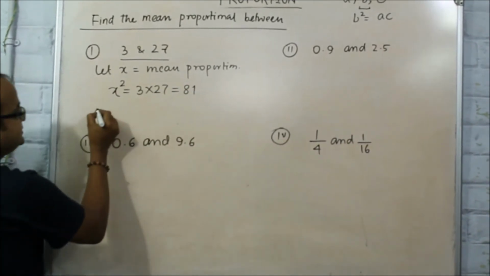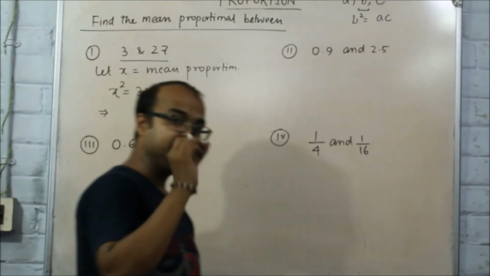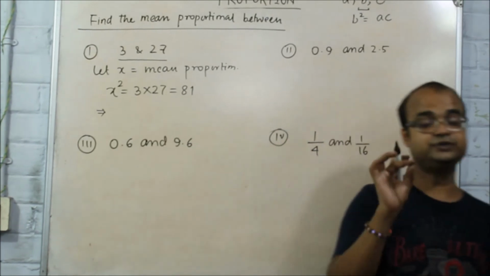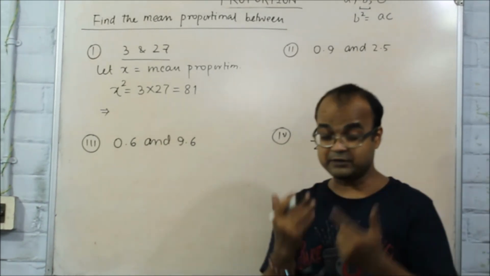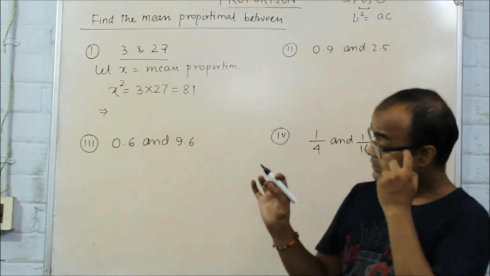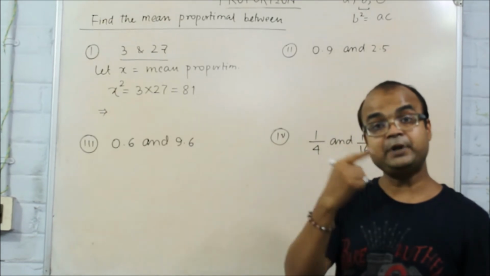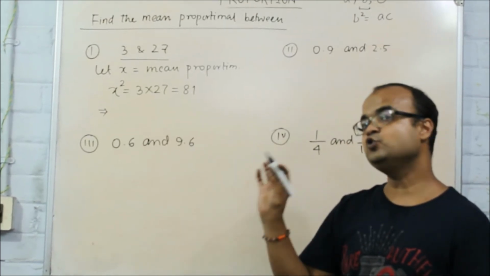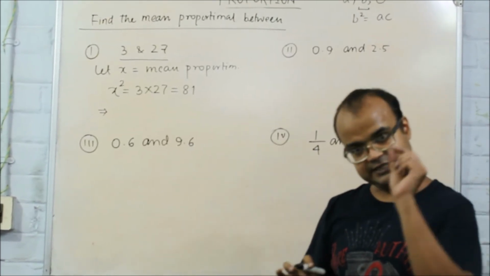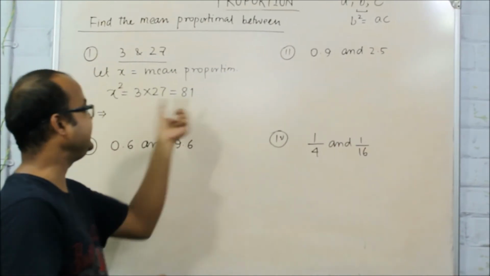Now 3 into 27 is equal to 81. It implies, now 81, find a number. Since you do not know the concept of square root yet, in other words, find a number which multiplied with itself gives you 81.